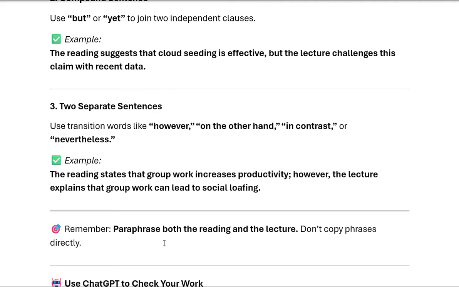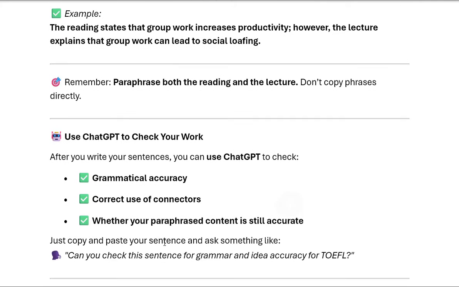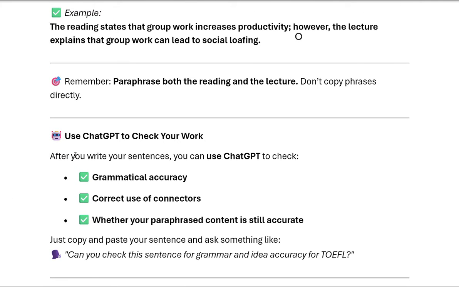Remember, paraphrase both the reading and the lecture. Do not copy the phrases directly. As you practice, use ChatGPT to check your work. After you write your sentences, you can use ChatGPT to check grammatical accuracy and correct use of connectors. This is the hard part because I'm showing you subordinating conjunctions, which are used in complex sentences, coordinating conjunctions, which are used in compound sentences, and transition words, which are used to connect separate sentences together.